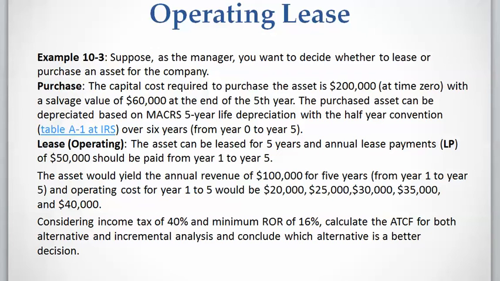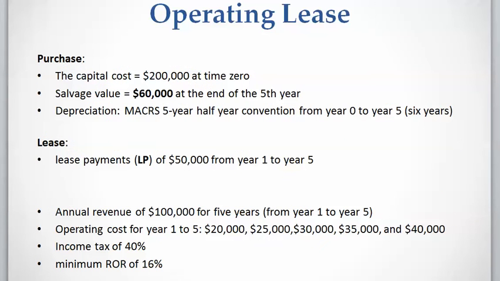The operating costs from year 1 to year 5 are going to be 20, 25, 30, 35, and $40,000. The tax is going to be 40% and the discount rate is going to be 16%. Here we summarize the information that we have.